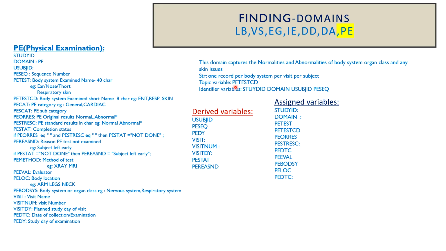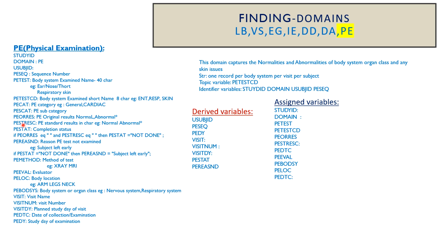In PE domain, these are the variables that will come: study ID, domain, unique subject ID, and sequence. Then PE test, the body system exam, that name will be 40 characters. Then PE test code will be only 8 characters. Then category, subcategory, same variables.